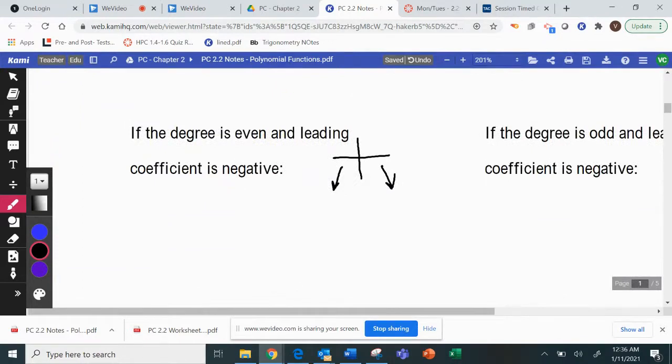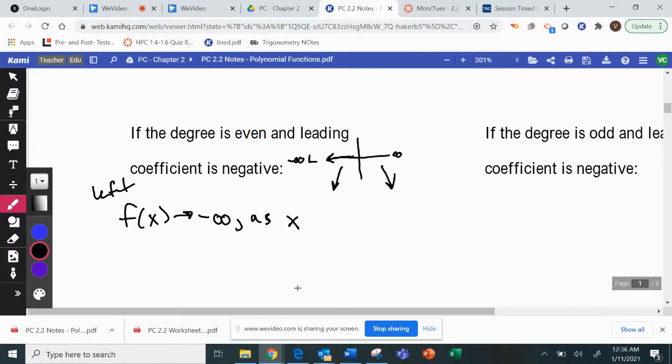So if the degree is even and leading coefficient is negative, f of x, so we're going to start with our left, is going down. So negative infinity. As the x values, so we think on the left, x's are going to negative infinity.